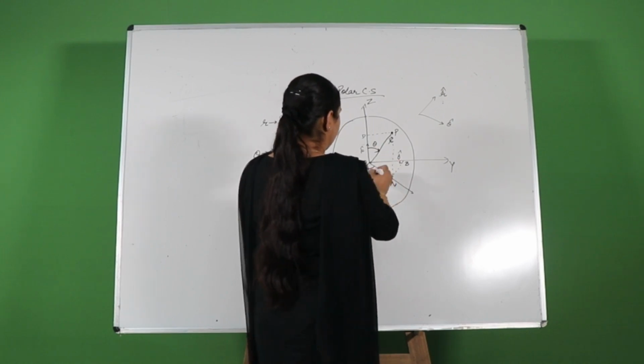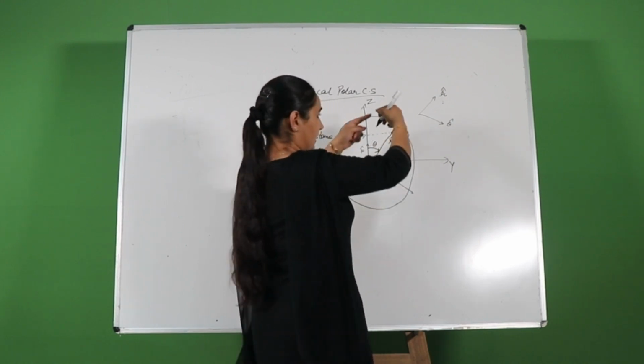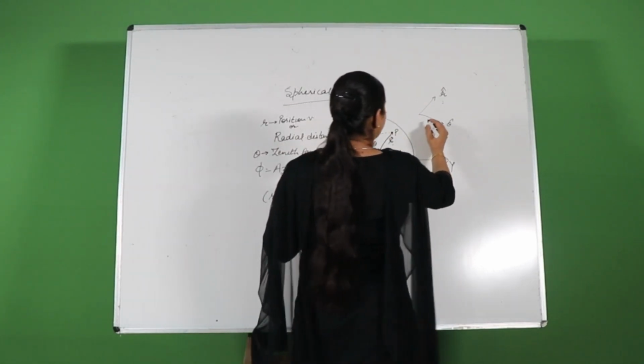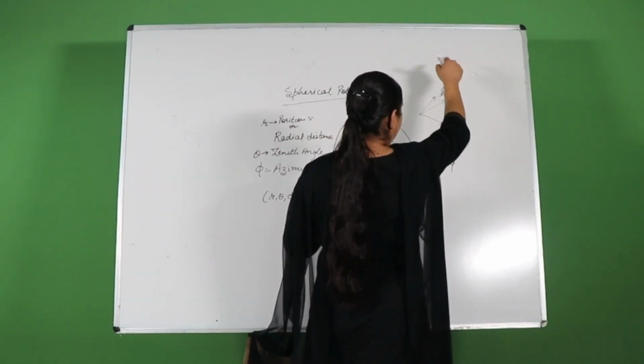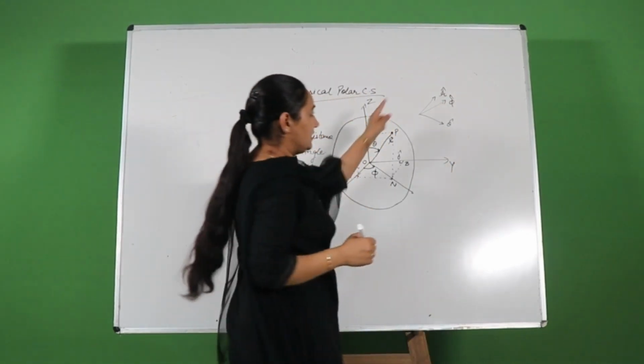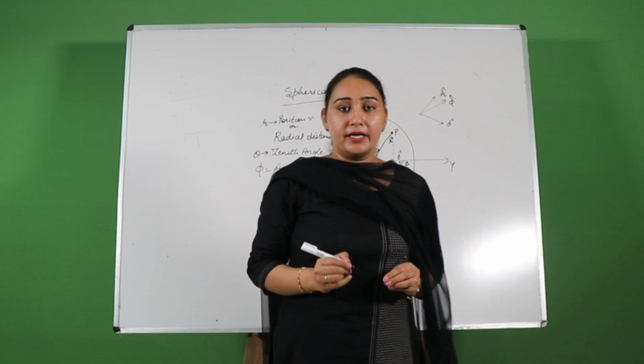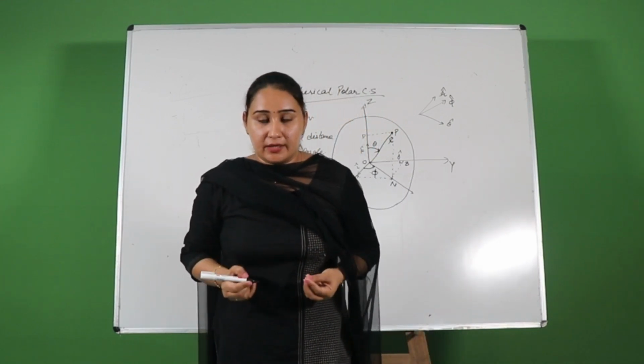Phi is basically like this. So phi is going like this in the anti-clockwise direction. So these are the three unit vectors of the spherical polar coordinates, and they are changing.